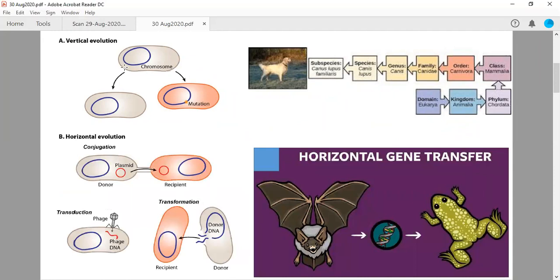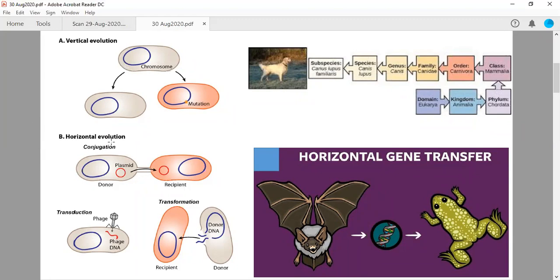When I say organism, it can be from parent to offspring, or from one species to another species. If I consider only parent to offspring gene transfer, it is vertical gene transfer, and if it is between two different species, then it is considered horizontal gene transfer.